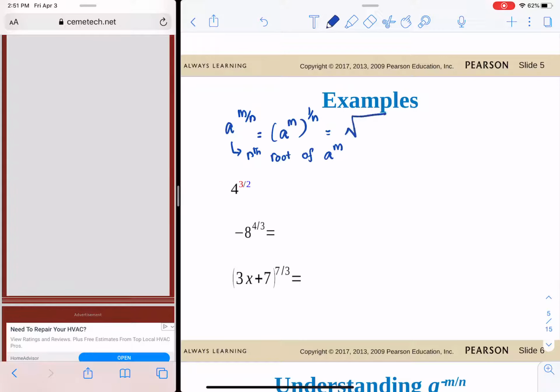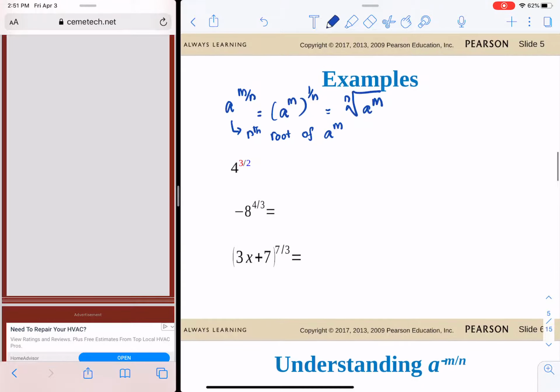So what we mean by that, it is the nth root of a raised to m. So in the first problem, m is 3, n is 2.